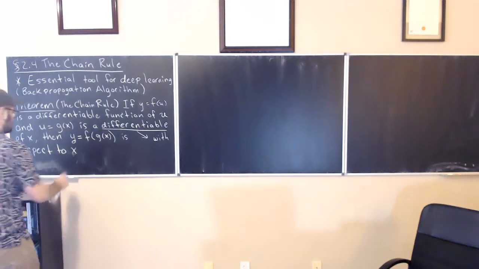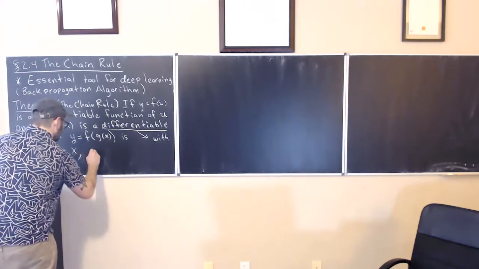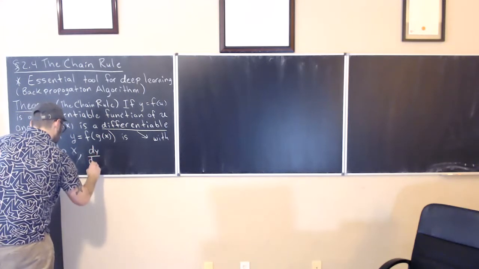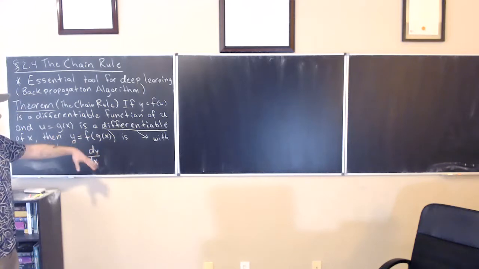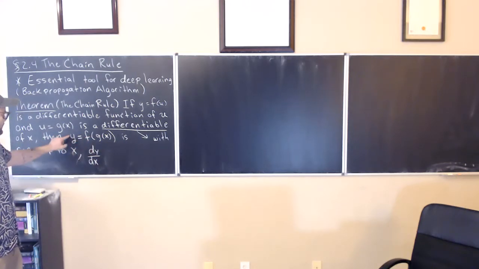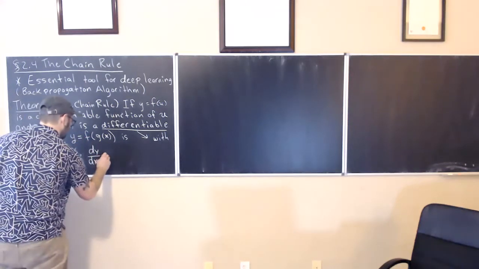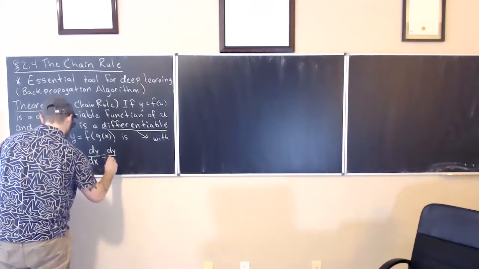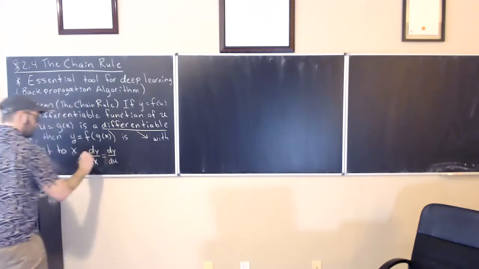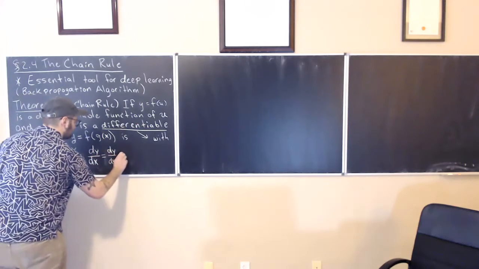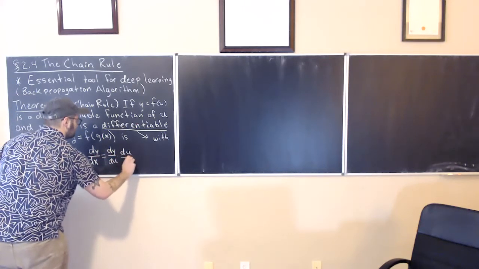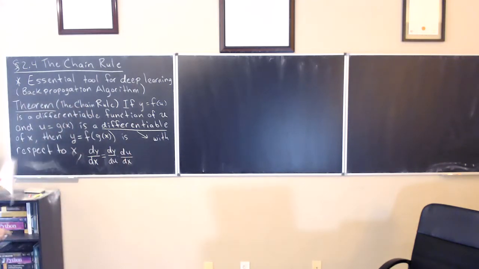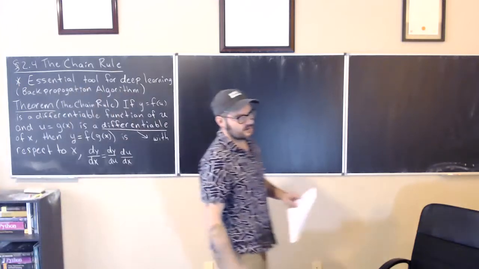And the derivative is defined as follows. So dy dx, so y is a function of x in a composite form. The derivative of y with respect to x is equal to the derivative of y with respect to u times the derivative of u with respect to x. So dy dx is equal to dy du times du dx.